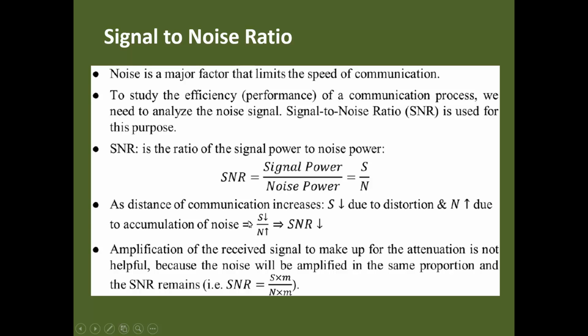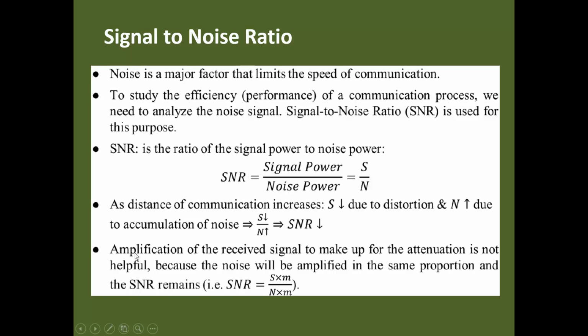So ultimately the signal to noise ratio decreases while the signal is traveling through a distance. So we have to design methods to increase the signal to noise ratio received at the receiver, so that we can at least get a level of the SNR so that we can estimate the transmitted signal.